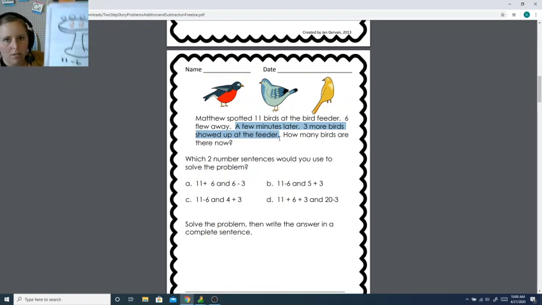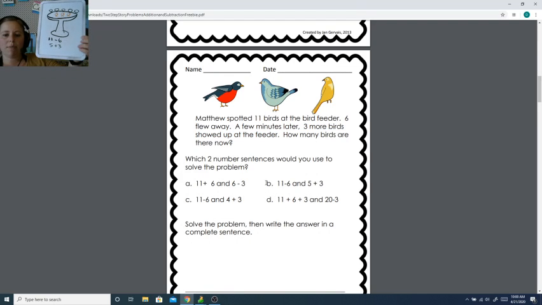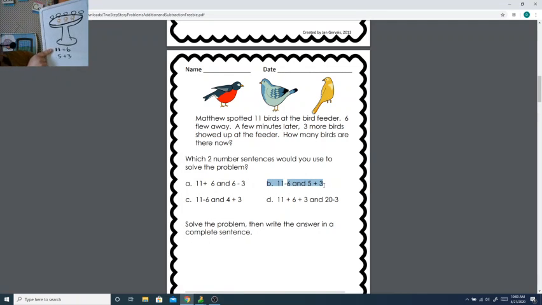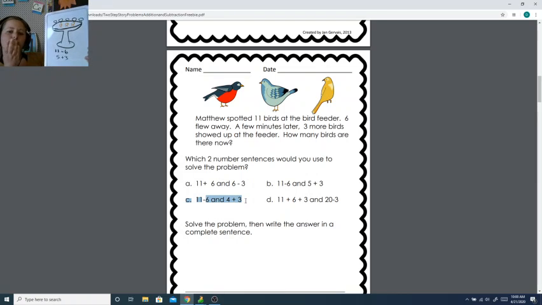Okay, so here are my two number sentences. So let's look at this. I already know it's not A or D, so let's look at B. B, it says 11 minus 6 and 5 plus 3. Oh, look, 11 minus 6, 5 plus 3. That looks like it's correct. Or on C, I've got 11 minus 6 and 4 plus 3. Those are almost exactly the same, right? One's 5 plus 3, one's 4 plus 3.